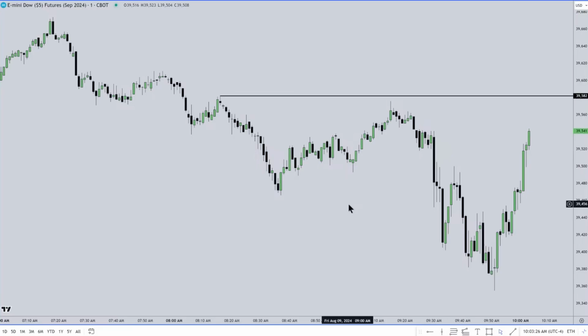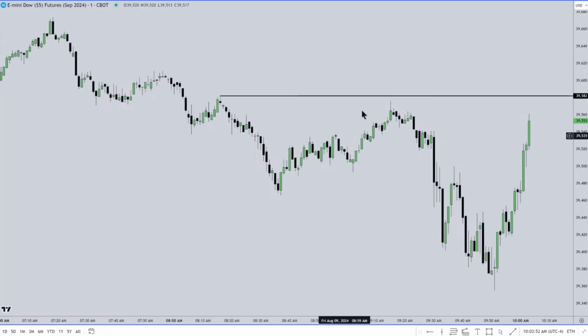Any divergence that I see in the Dow, I take it with a grain of salt. But if I see a divergence and there's an inability of the NASDAQ and the S&P to make the same highs, to me that's a more valid divergence. In other words, it's indicating there's potentially much more weakness that may not be visible to the other traders that are trading it, because they're not comparing and contrasting the difference between the three averages.